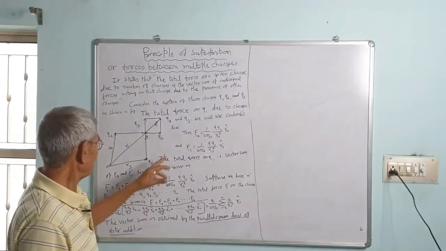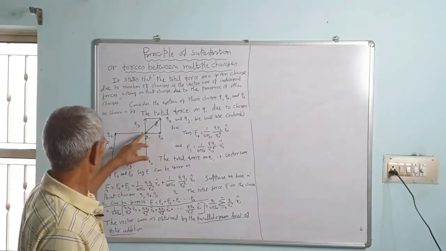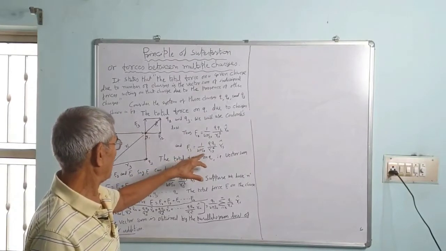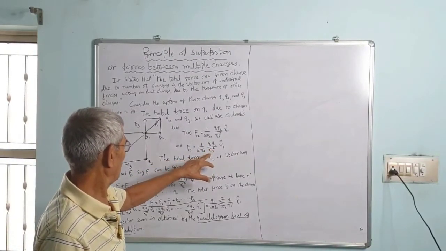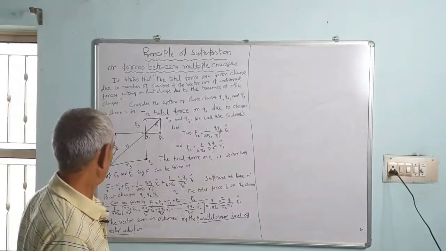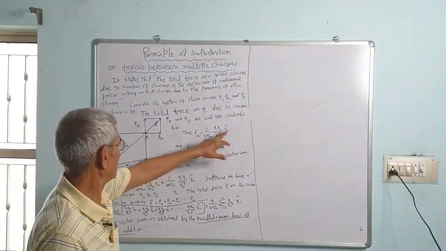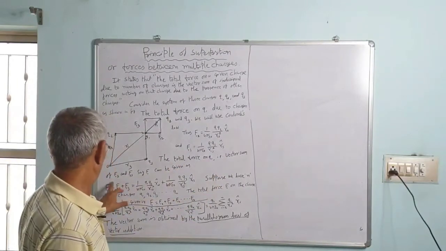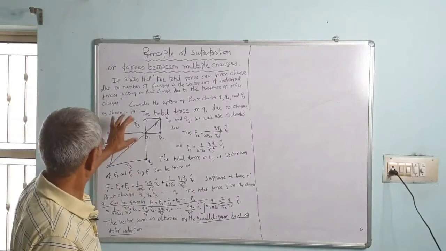F13 is the force on Q1 due to Q3, that is equal to 1 upon 4 pi epsilon 0 Q1 Q3 upon R13 square into R13 unit vector. The total force on Q1 is the vector sum of F12 and F13.